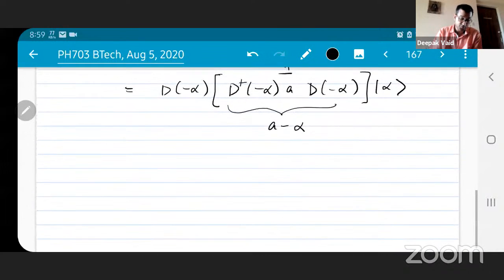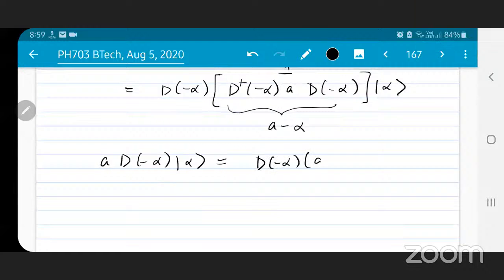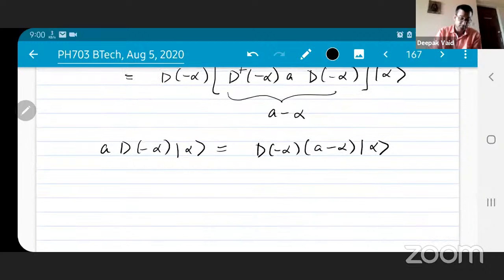And so we have A times D of minus alpha acting on alpha is equal to D of minus alpha times A minus alpha acting on alpha.